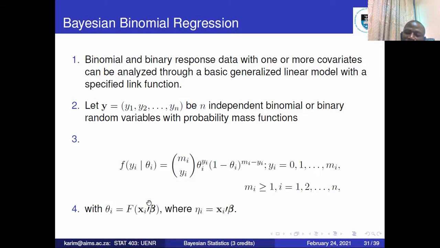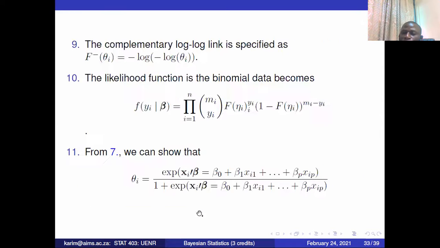So we can simply replace this by eta. If we replace that by eta, what that means is that we are going to rewrite this equation. So wherever we see theta, the probability of success, we will substitute that by f of eta here. So here we are going to have f of eta to the power y.